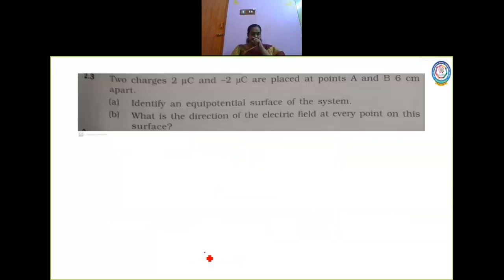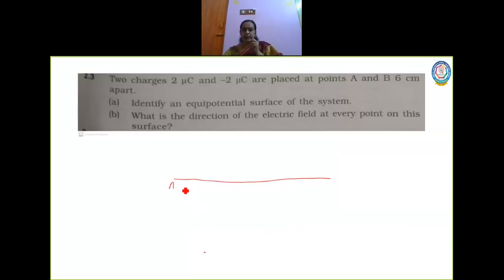Now with this, we are moving on to a very simple problem. This is in your textbook, problem number 2.3. Two charges, 2 microcoulomb and minus 2 microcoulomb, are placed at points A and B, 6 centimeter apart. Let me draw the diagram. It is a line.